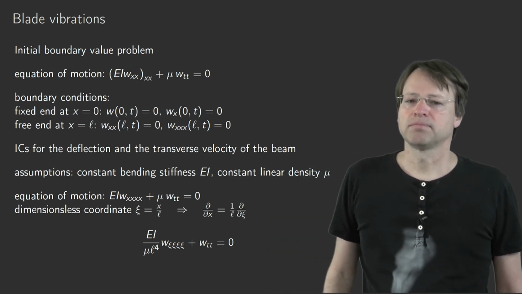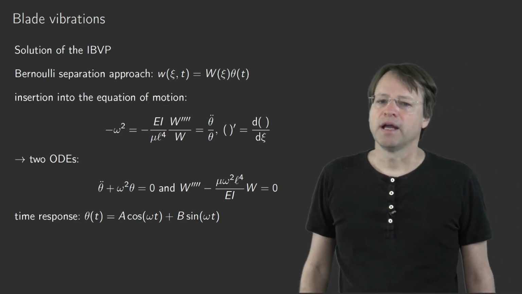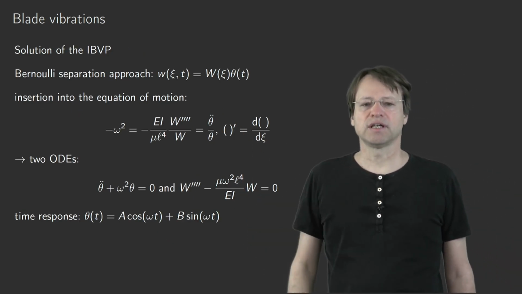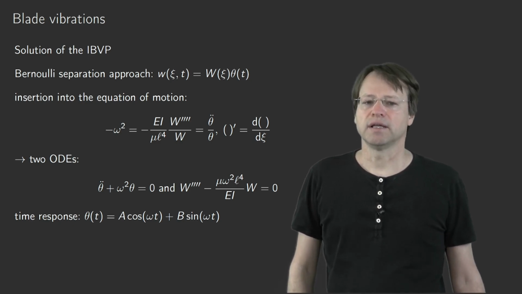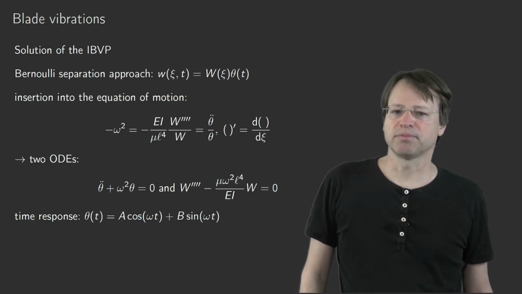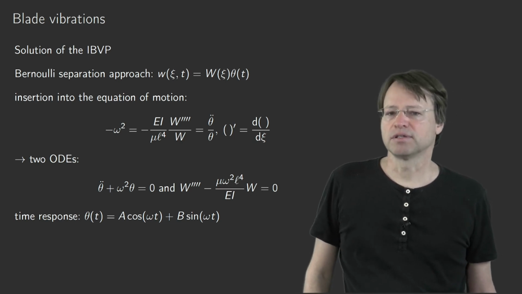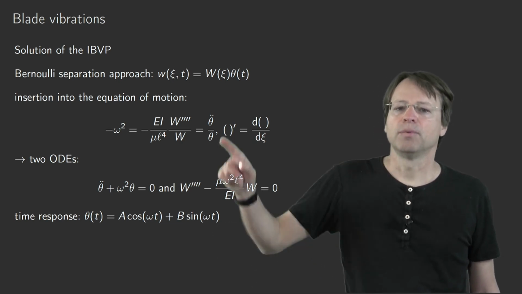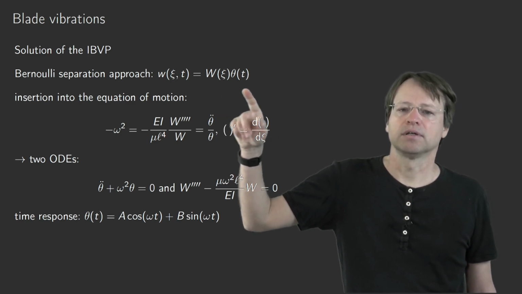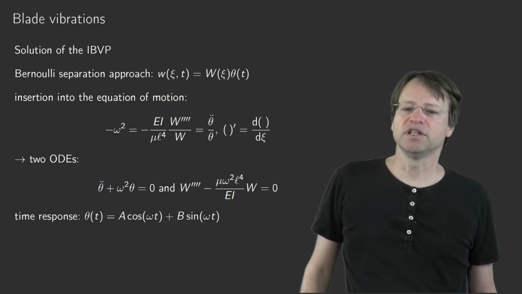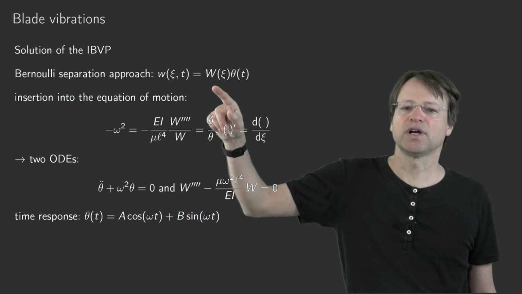Now we want to solve it by Bernoulli separation. And this approach is classical and has also been followed in the previous chapter. And therefore, I would just repeat the steps briefly. So we split our deflection field into two parts by introducing two functions.